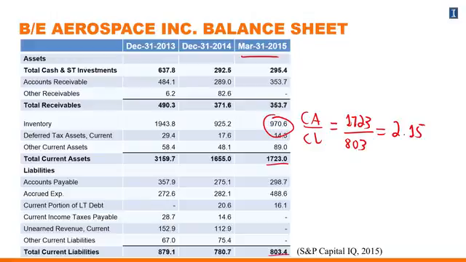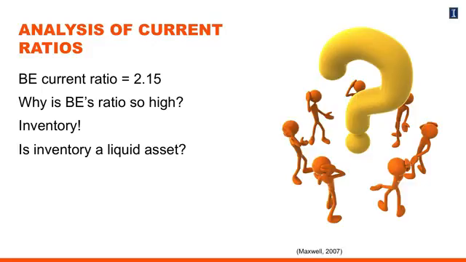So let's take that information and think about the following question. Why is BE's ratio so high? Does inventory really measure liquidity? Is inventory really a liquid asset? Does this calculation mean that BE has more liquidity than Cablevision?